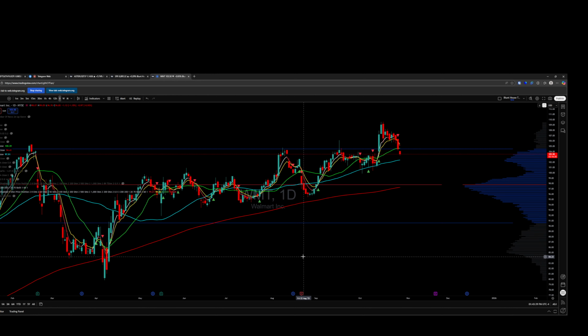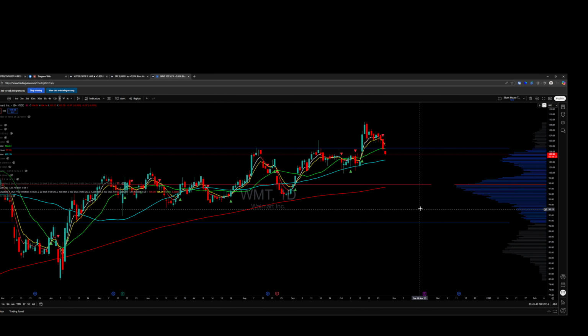Sometimes they hold and sometimes they don't. This is an example of one that didn't. And as a result, it's going to look for the next level down, which is the 50. And if it doesn't hold the 50 this time and falls into this gap, you can be sure that time and price will come together and it will find past price where it's been before, and where buyers and sellers have shaken hands in the past.